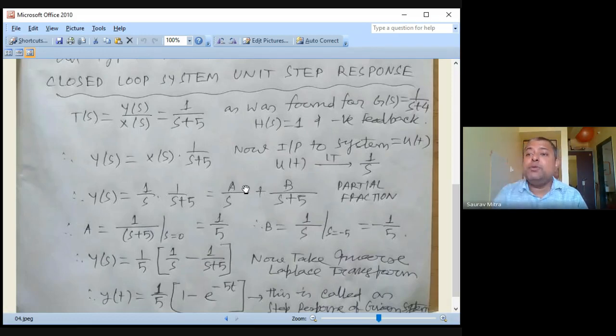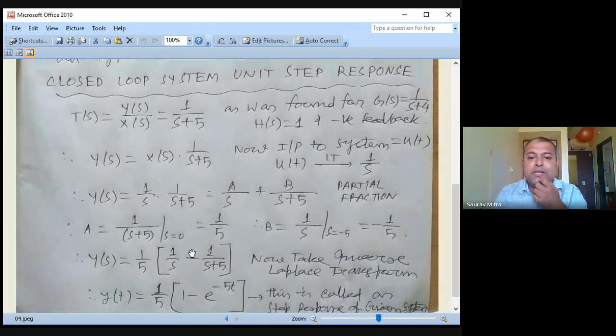Now you give input as unit step. Generally we give input as sinusoidal to any system, but for finding the time domain step response, we are actually giving the unit step input. So Xs I have substituted as 1 by s. Now Y is equal to 1 by s into 1 by s plus 5. Now you have to do partial fraction. So a by s plus b by s plus 5.